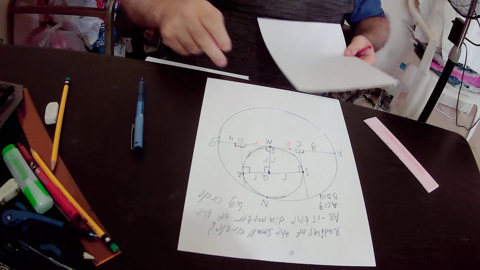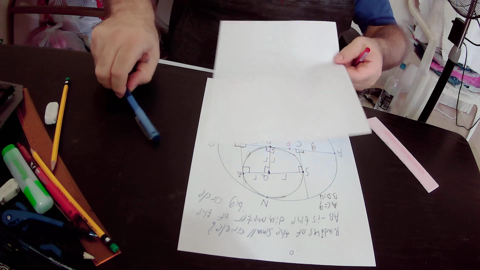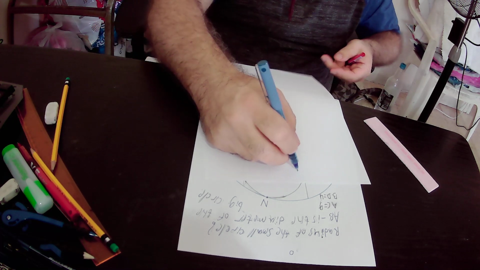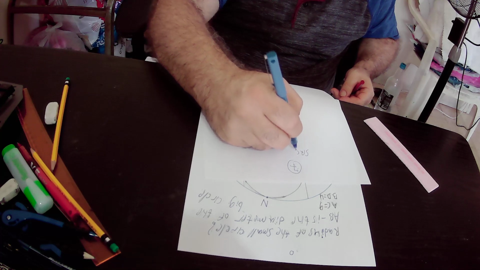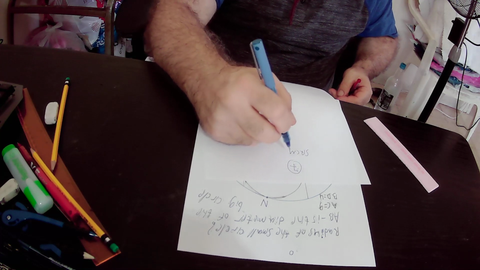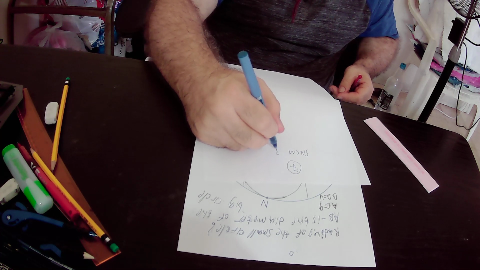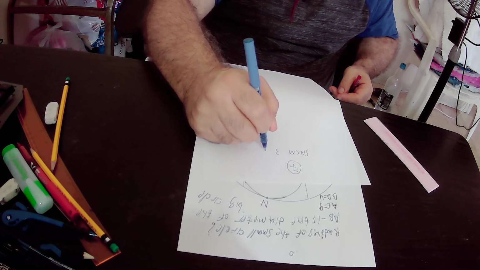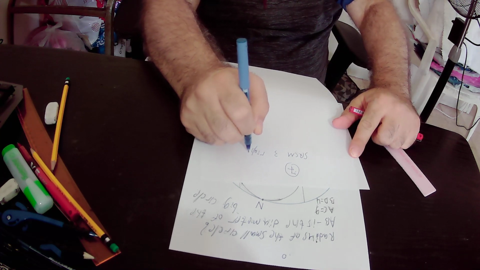So in quadrilateral SQCM we have three right angles.